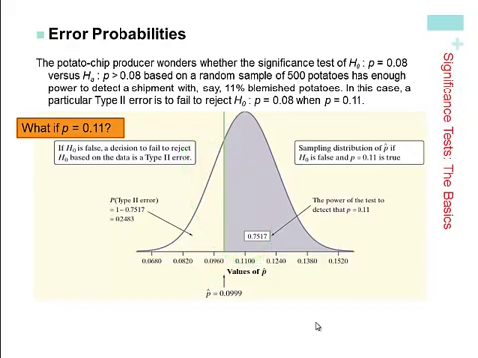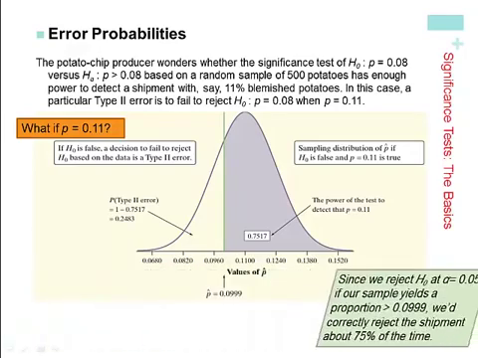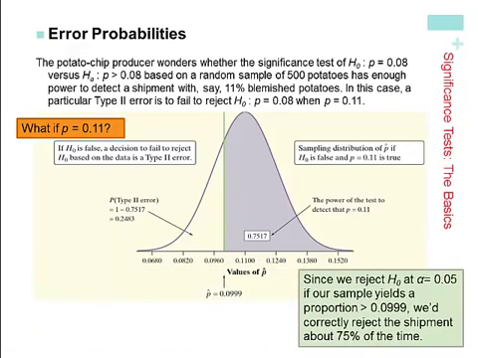Remember now, we are rejecting to the right of the green line, and we're failing to reject to the left of the green line. If we ran through the probability calculations, the area to the right of the green line on this new distribution would be 0.7517.